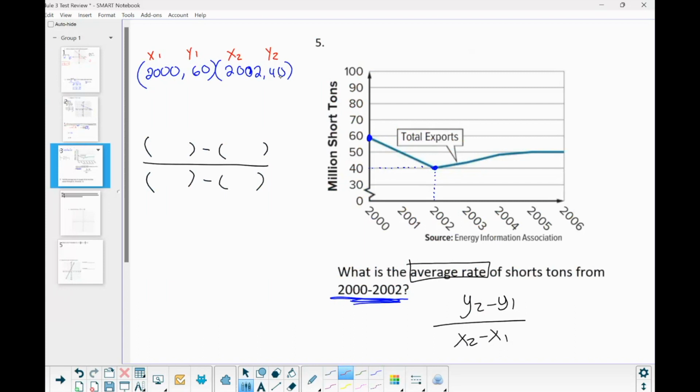And now we start plugging it in. y2 is 40 minus 60 over 2002 minus 2000. 40 minus 60 is negative 20 over 2002 minus 2000 is 2. And we're left with negative 20 divided by 2 is negative 10. So on average, they are going down 10 million tons.